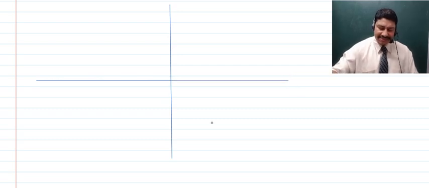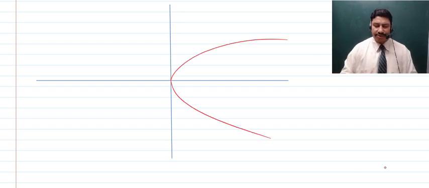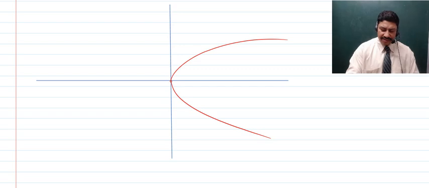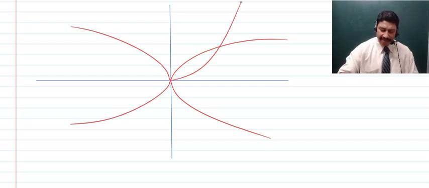And now after this, let us try to form a parabola. A parabola, children, when traced out, is going to look something like this. For that matter, this is a right hand parabola. Similarly, we also have a left hand parabola, right? We have an upward parabola, and we also have a downward parabola.